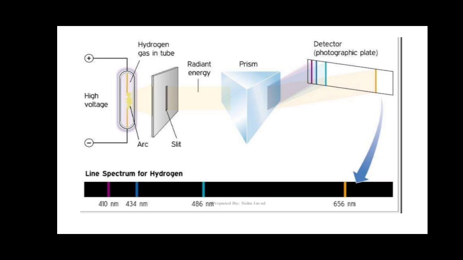Actually, the hydrogen gas tube is at low pressure, and an electric discharge is passed through it, and we get a spectrum. Some lines are closer or grouped into a series, which suggests that the lines were related to each other.